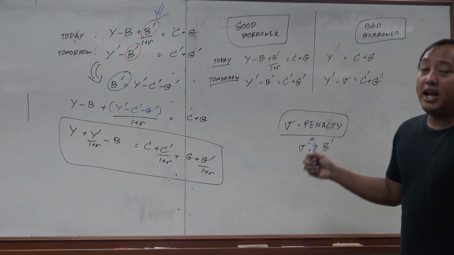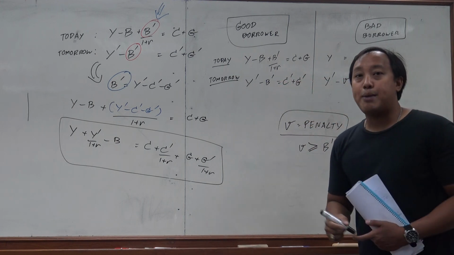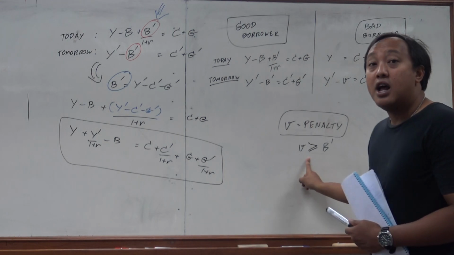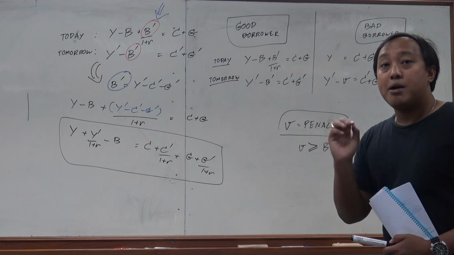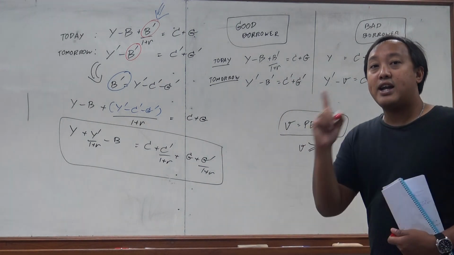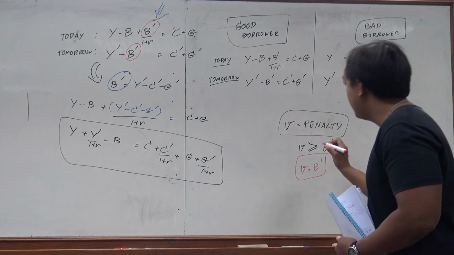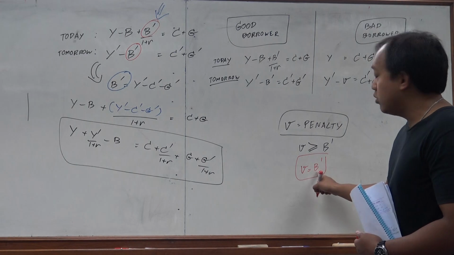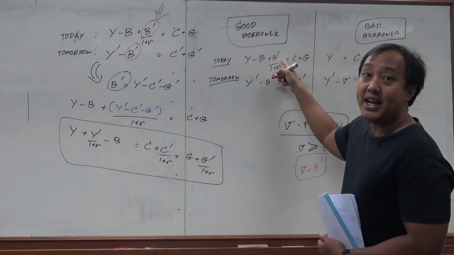In order to compare the two cases together, I'm gonna assume that normally penalty is higher than B prime. To make it easy to compare, I'm gonna assume that penalty V equals B prime.